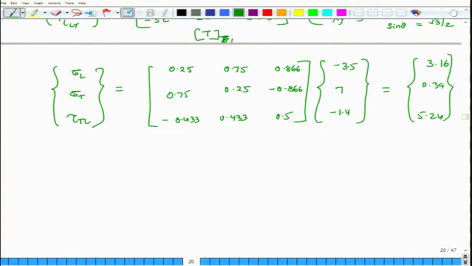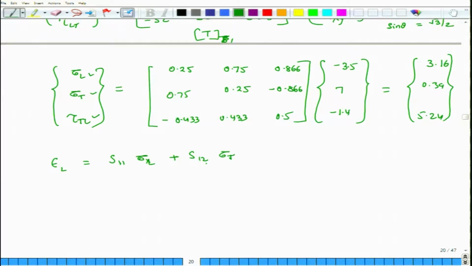Next, we compute epsilon L, epsilon T, and gamma LT. We know that epsilon L equals S11 sigma L plus S12 sigma T. S16 is 0, and S11 and S12 we have already shown how to calculate from engineering constants.